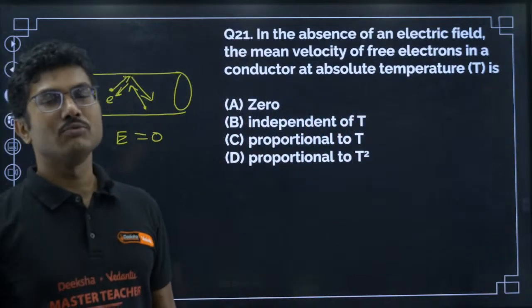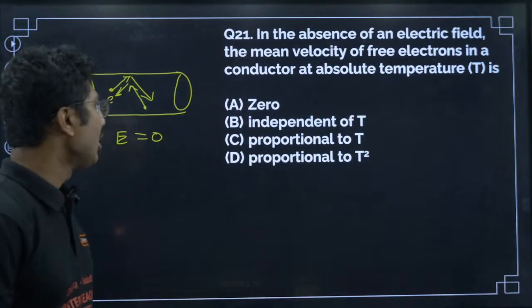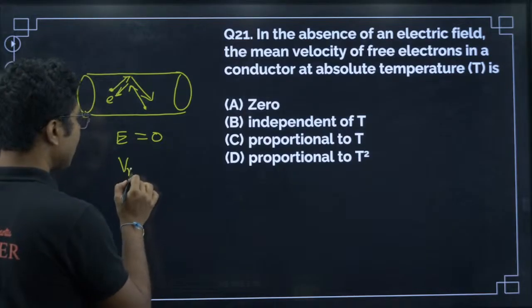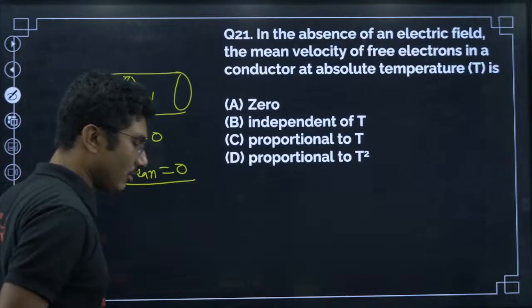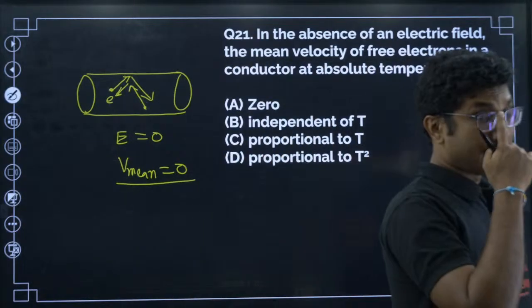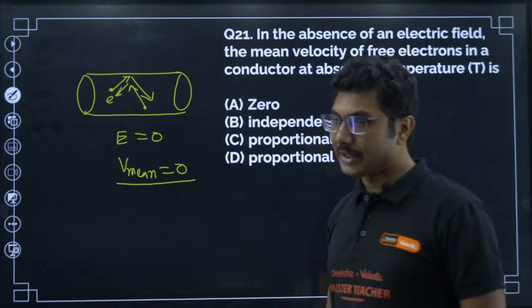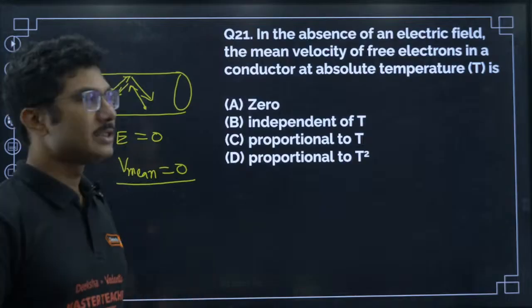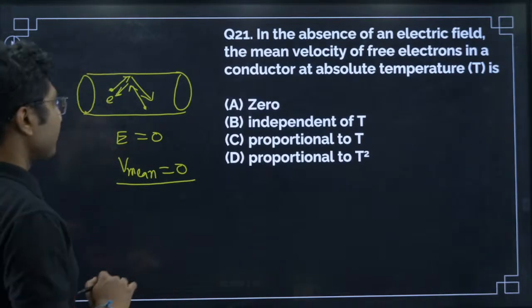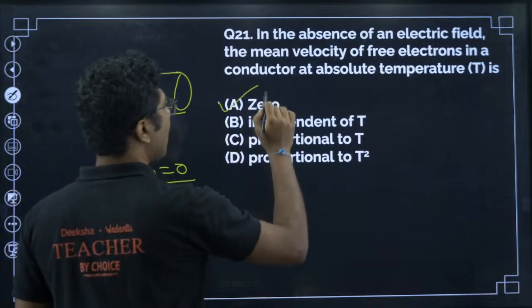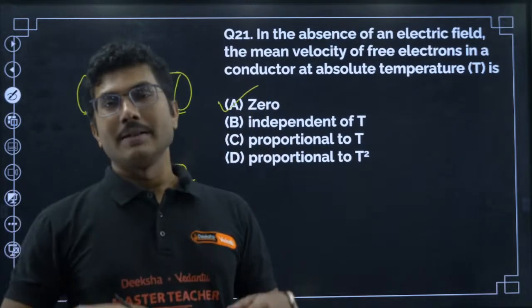For random motion, the mean velocity is always 0. If you take the RMS square, it may not be 0, but the mean velocity will always be 0. So the correct answer is 0, and that is the reason.